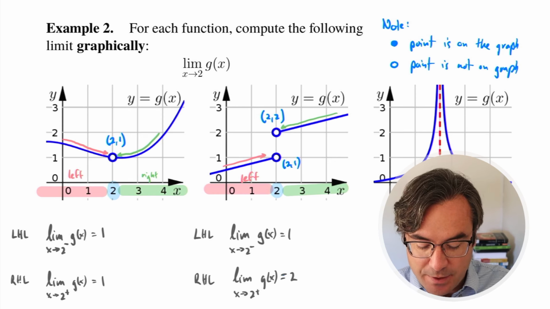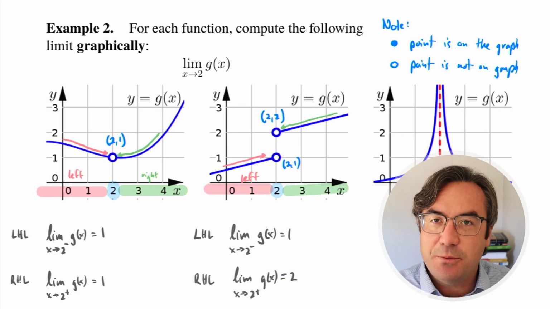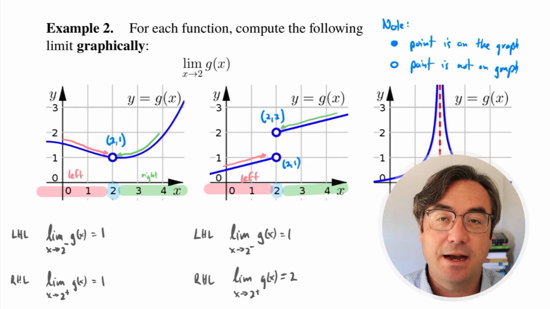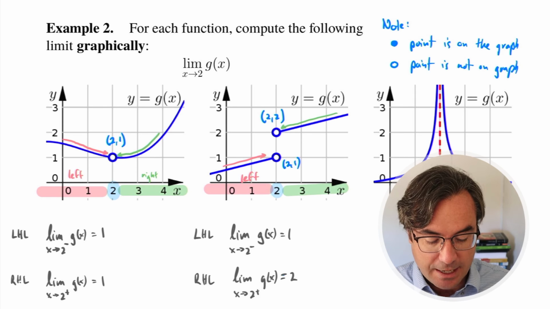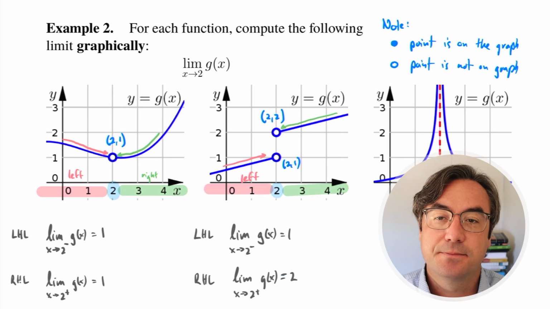The reason why we make this point a little bit bigger than the rest of the curve is just so that we notice that there's one specific point there that's actually missing on our graph. Or in this case, there's 2 points that are missing.